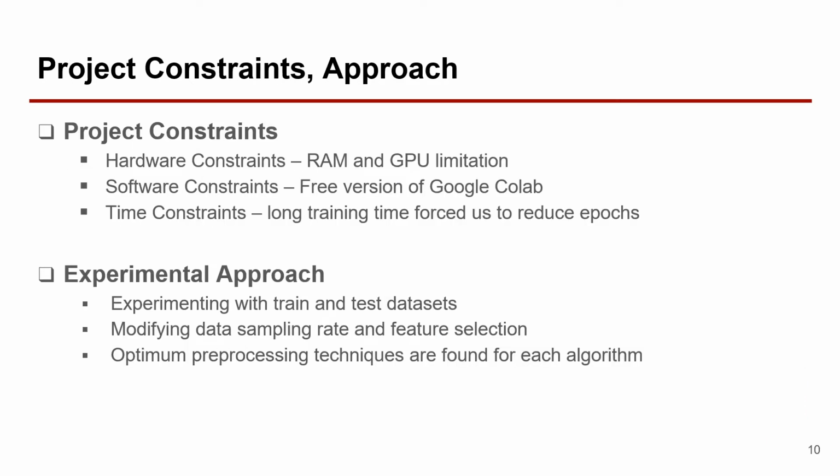Let me explain the constraints that we faced and the approach that we had for all the algorithms. Some of the main constraints that we faced were time and money. All algorithms take a long time to train and make predictions. A better graphics card in laptops or computers provides faster processing times, but we did not have the latest hardware for this purpose. We used the free version of Google Colab.